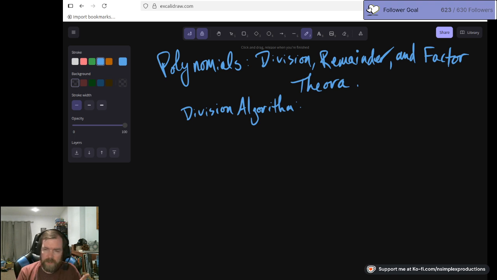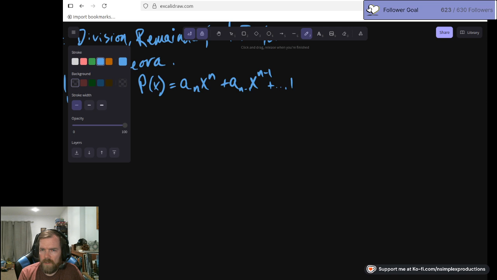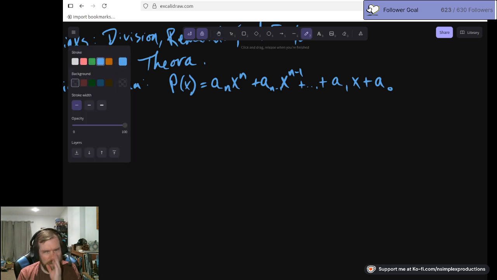In previous sections, we already said that if we have some polynomial, p of x, equal to coefficients out front, a sub n times x to the n, plus a sub n minus 1 times x to the n minus 1, plus all the way down until we get plus a1x plus a0.